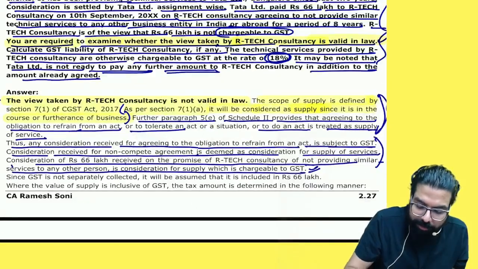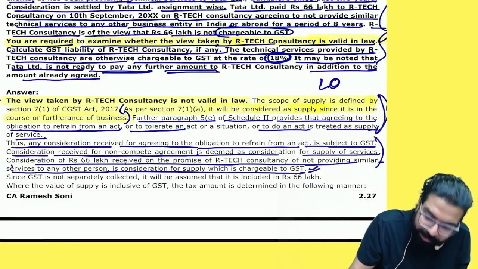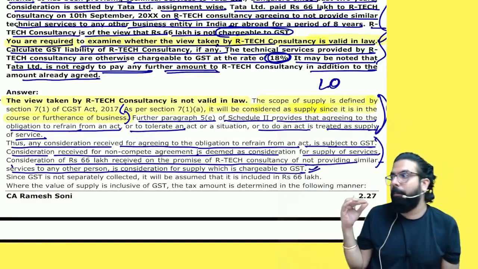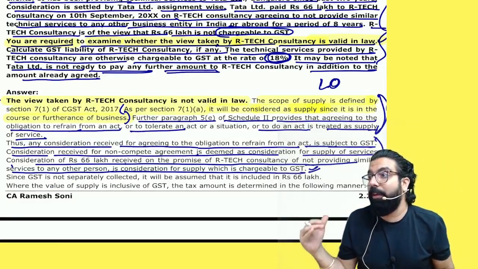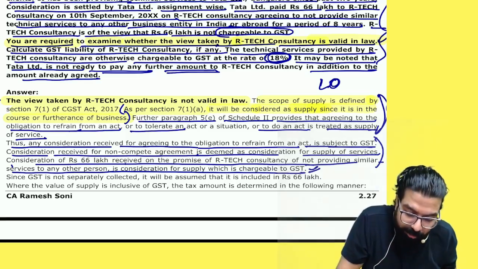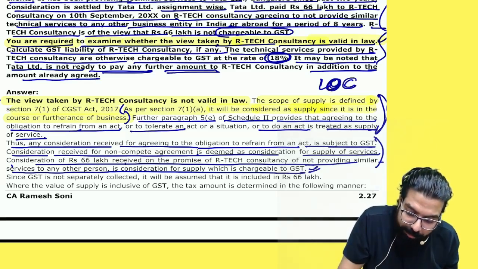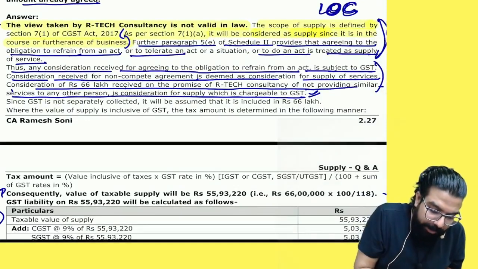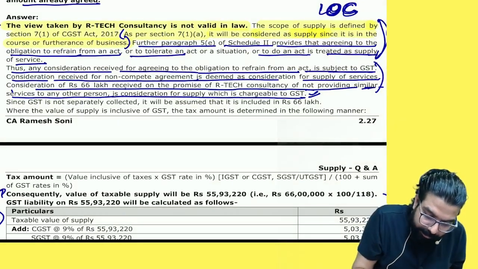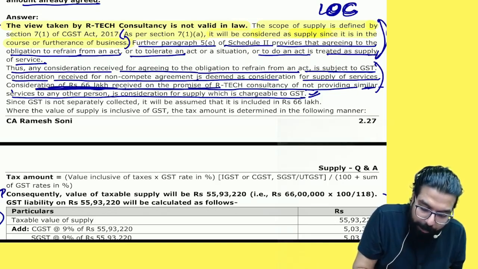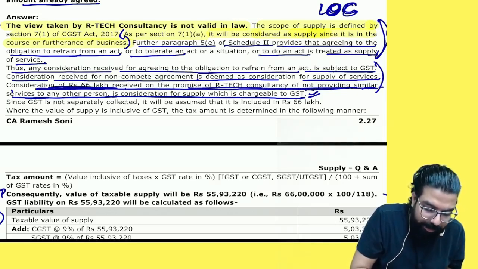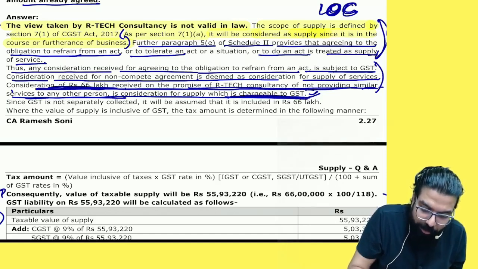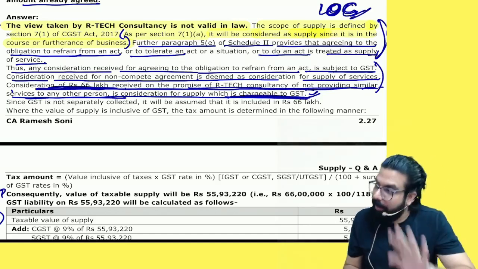First is always law. Second is always your observation that in our situation what is happening. People, remember, first is always the law. Second is always your observation, and third is always your conclusion saying, sir, consideration of 66 lakh on promise of Artek not providing similar service is chargeable to GST. It is your conclusion saying, sir, it is chargeable.